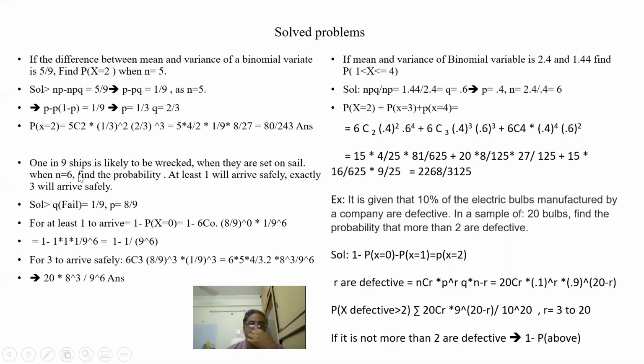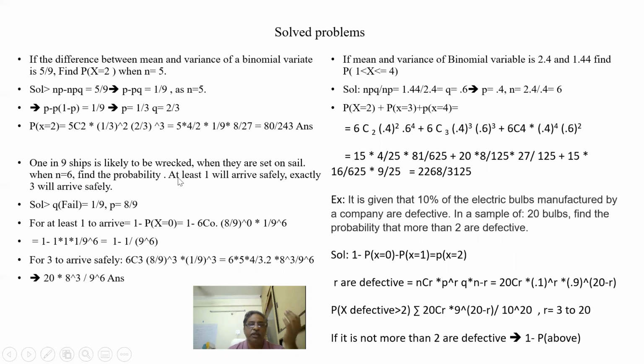Let us see. 9 ships are likely to be wrecked when they set sail. When n is 6, find the probability. Out of 9 ships, 1 is getting wrecked. For 6 ships the probability is less, but still higher.